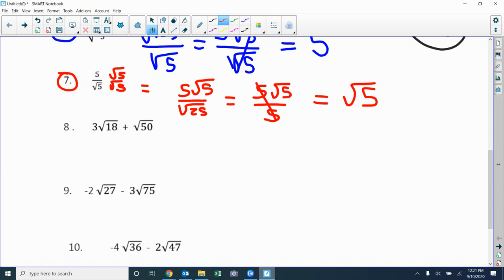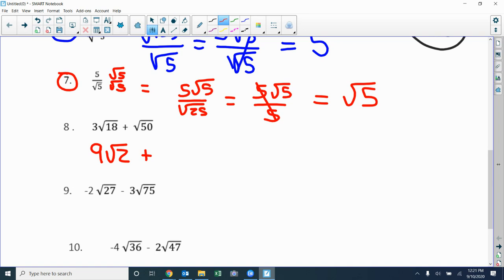18. 18 is 9 times 2. 9 comes out as a 3. So outside we have 3 times 3, which would be 9 square roots of 2. So 3 square roots of 18 goes to 9 square roots of 2.